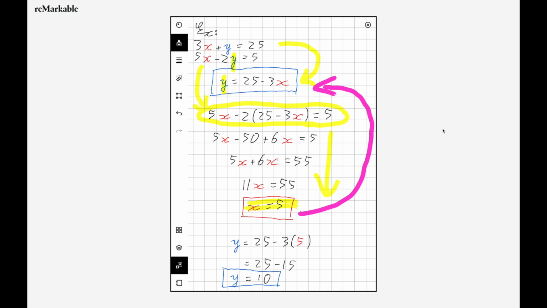And now we have the value of x, so we can find y. And that's exactly what we do here. And then eventually we find it, and we have our answer. We have y, and we have x. And that is how you solve a system of equations.